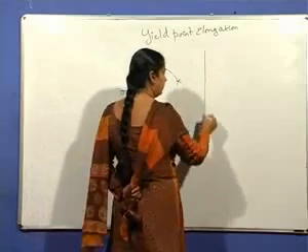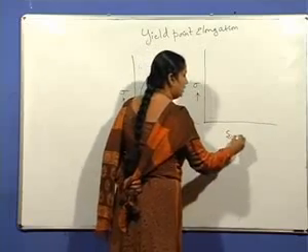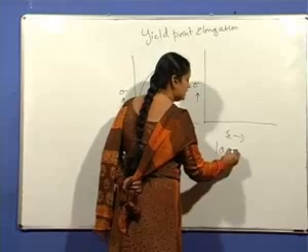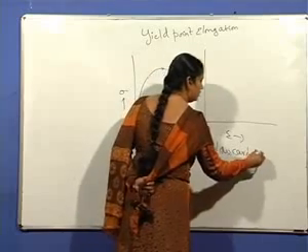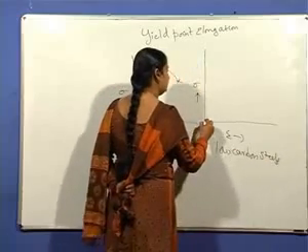The second type of stress strain curve is normally found for the case of low carbon steels. Low carbon steels have this type of curve.